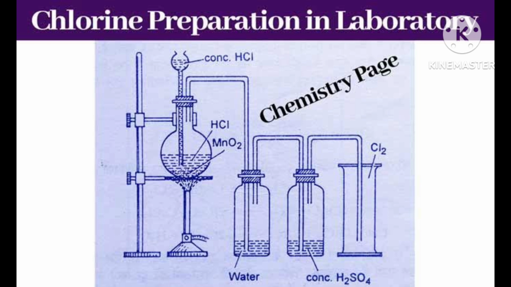Examples: 2Al plus 3Cl2 gives 2AlCl3. 2Na plus Cl2 gives 2NaCl. 2Fe plus 3Cl2 gives 2FeCl3. Here aluminum, sodium and iron are all metals.